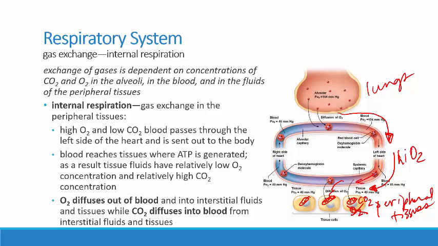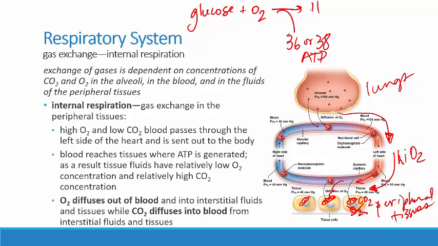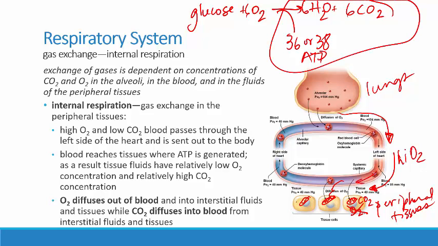Because remember, just in case you're forgetting, if you take glucose plus oxygen, you can make 36 or 38 ATPs, and we produce lots of water, 6 of them, if we have 6 oxygens, H2O, plus 6 CO2 molecules. So this is what's happening. Part of this equation is happening out here in the tissues.